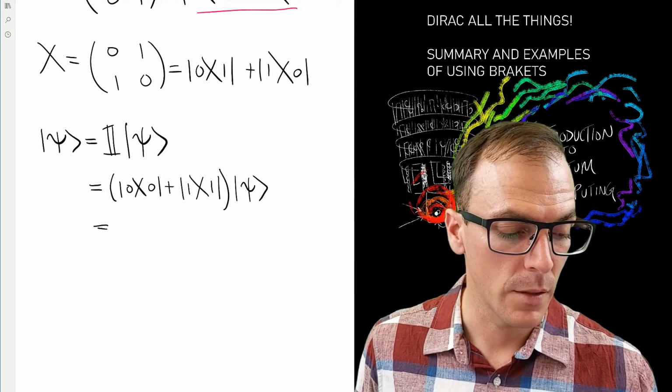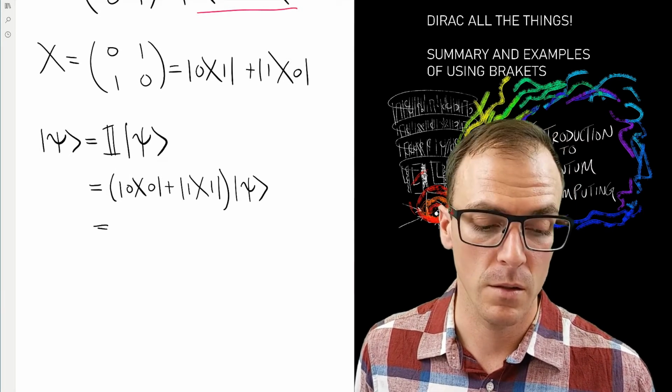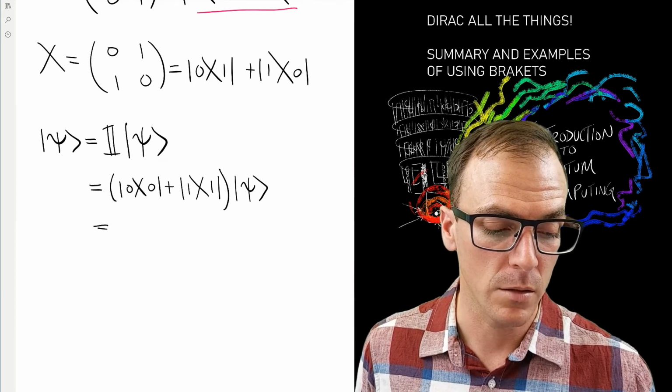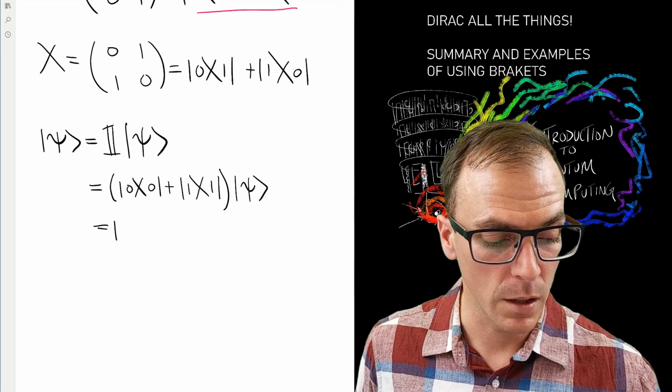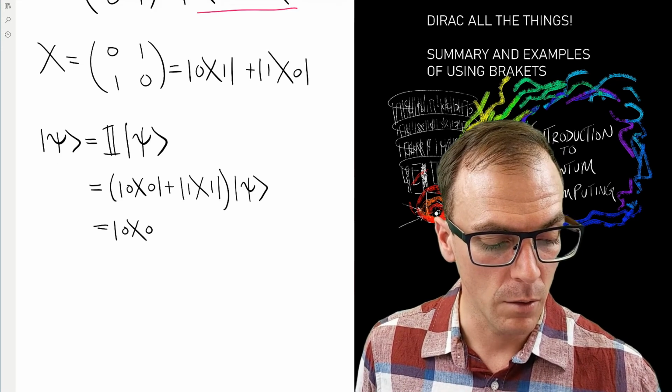So I have this binomial times this vector psi, that vector distributes inside of this bracket, and I end up with what we saw before.